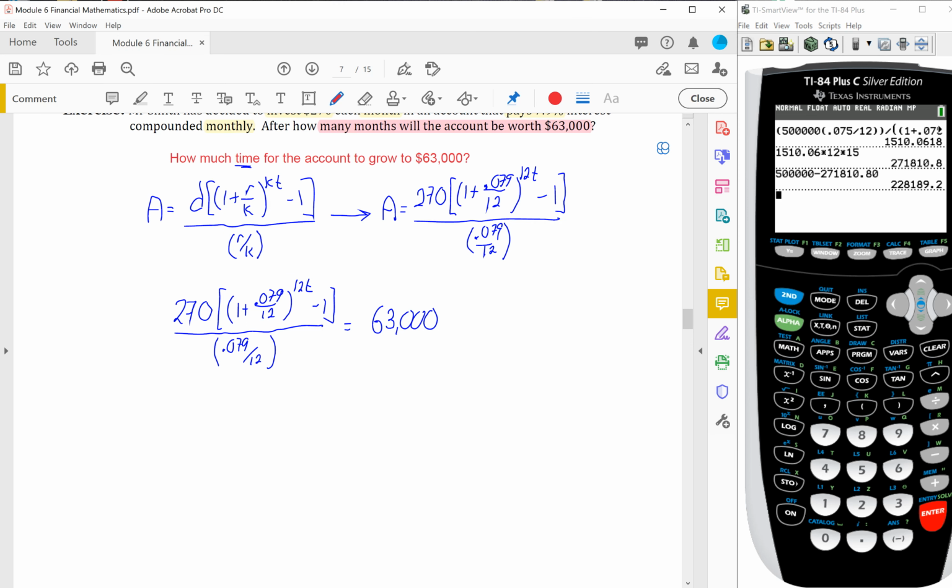So to start with, you probably want to get rid of your fractions. So maybe you could multiply both sides by the 0.079 divided by 12. This will do the job of canceling this fraction on the left-hand side.